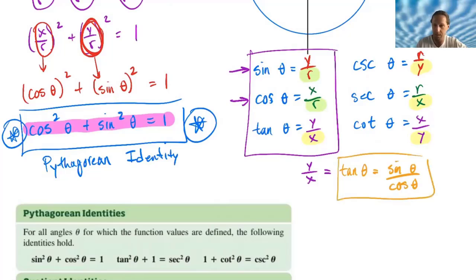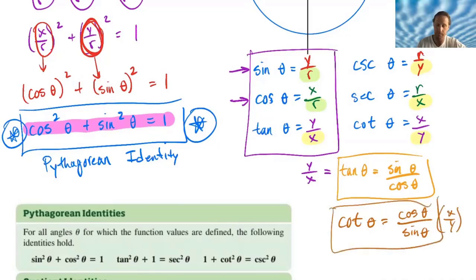And if tangent is equal to sine over cosine, then what other one should you know immediately? That's right, cotangent. Because remember, cotangent is just the reciprocal, so it's going to be cosine over sine, because that would give us an x over y if we actually substituted and worked that out.